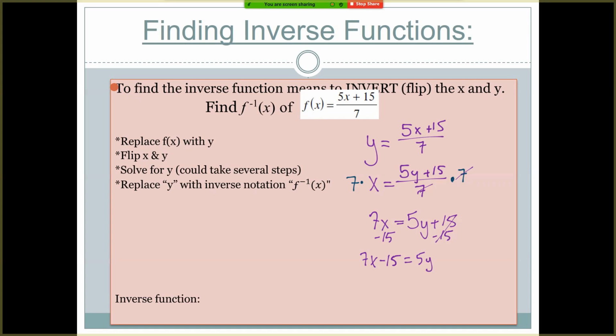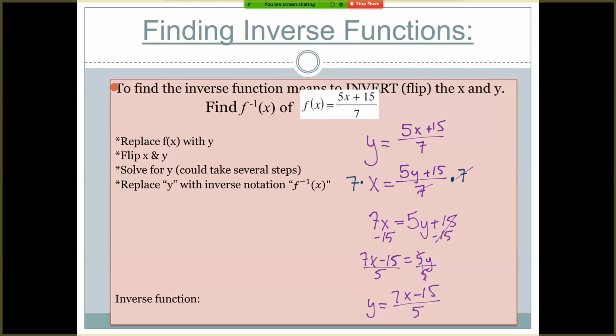So 7x minus 15 equals 5y. Then divide both sides by 5. So y equals 7x minus 15 divided by 5.